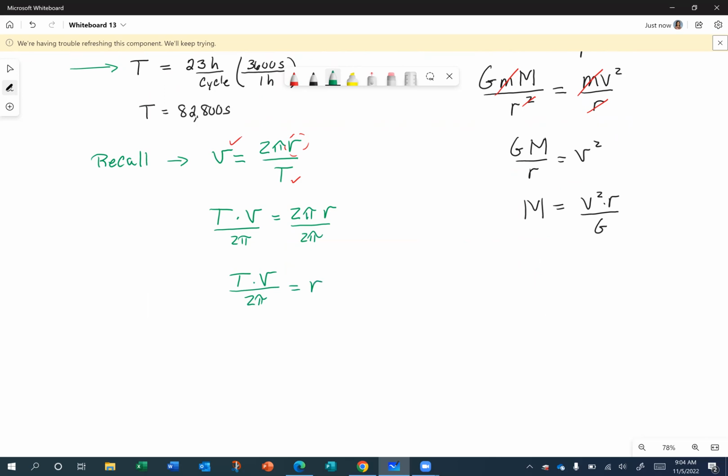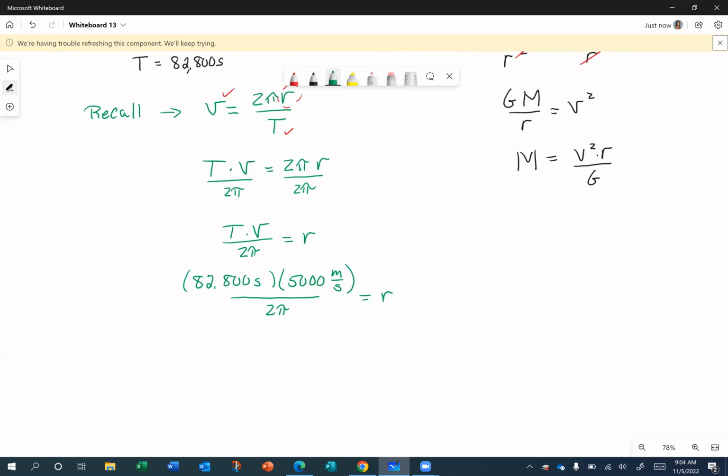So 82,800 seconds times the speed of 5,000, divided by 2 pi gives me the radius of this orbit. That comes out to be 6.59 times 10 to the 7th meters. Now I can use that up here to solve for the mass of the planet.